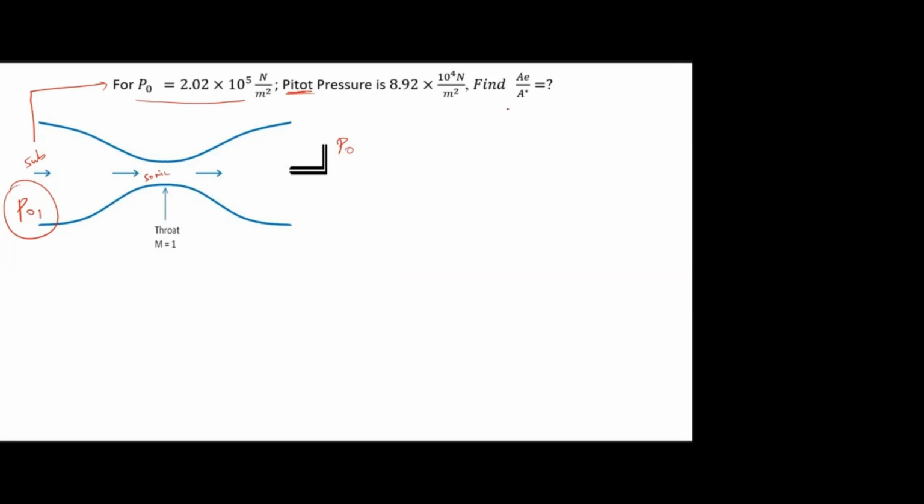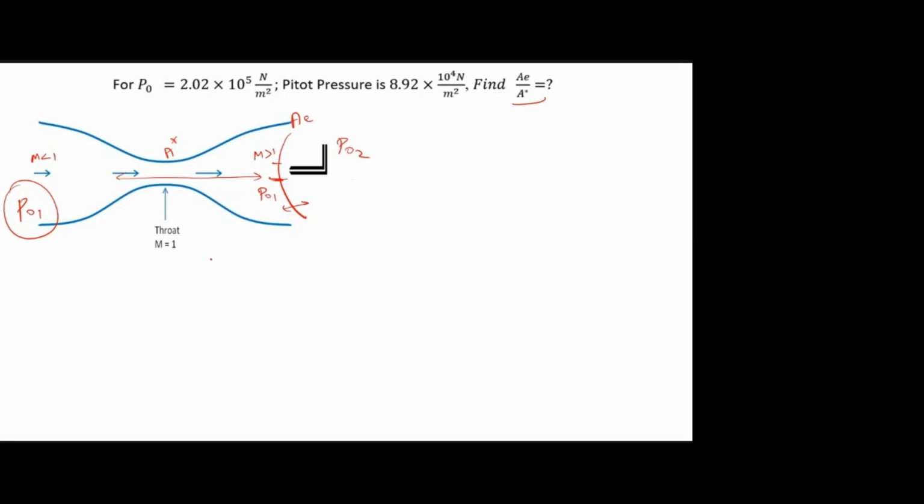Okay, how to find A by A star? Through this the P naught is constant, so I can say here also P naught 1. Then in the supersonic flow, if you keep a pitot tube, there will be a bow shock. In the center, it is a normal shock. Correct? Then across the normal shock, there is a stagnation pressure loss. So I can say this is P naught 2.